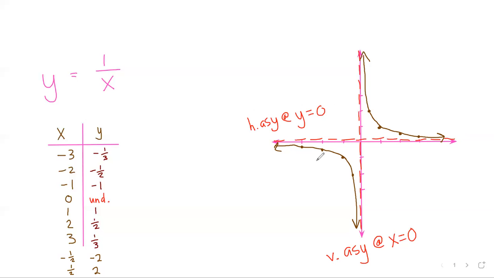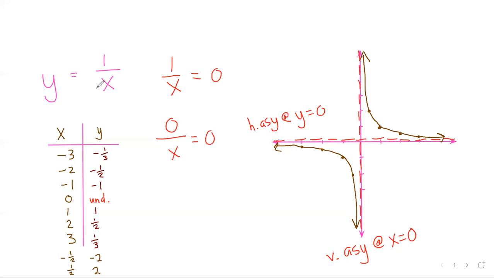Why is that? Well, can this expression ever equal 0? Can 1 over x ever equal 0? Well, no. The only way for something to equal 0 is to be 0 over something. 0 over basically anything would equal 0. 1 over something can never equal 0.